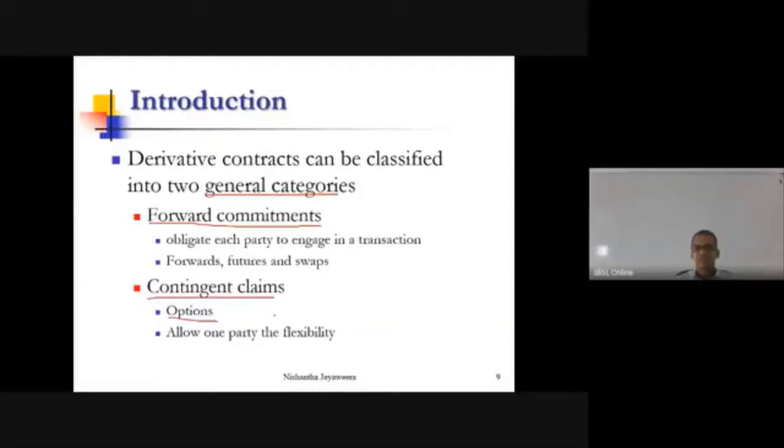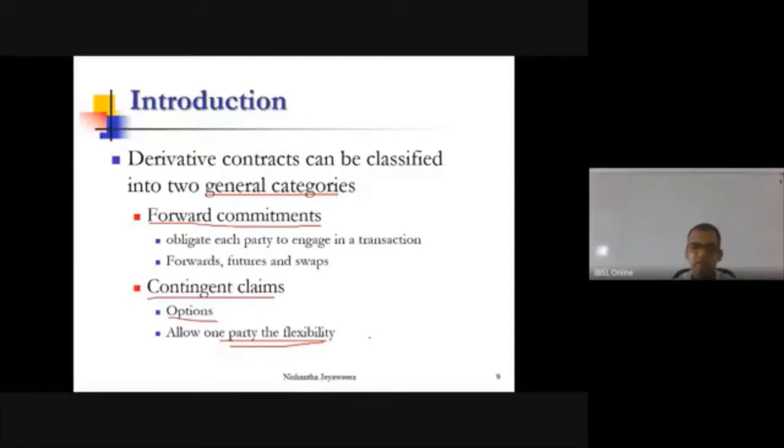Especially the buyer has no obligation, but the seller has the obligation. The buyer has no obligation, so therefore it gives some flexibility to the buyer. There's flexibility to the buyer, but the seller has the obligation.